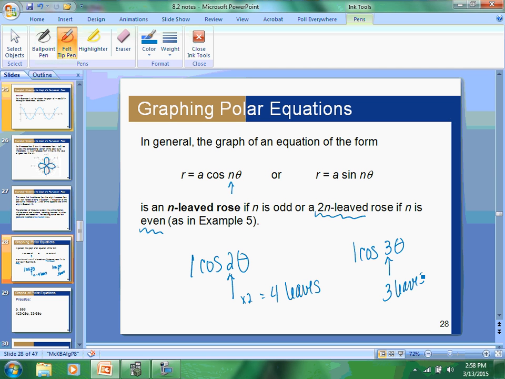You can still make your table of values and graph it and it'll work out. If it's odd, you're probably going to get a lot more decimals. If it's even, you're probably going to have nice numbers on the axes. But you don't have to know this fact. It's good to know so that you can know the shape of the graph before you actually start to graph it, but it's not essential.